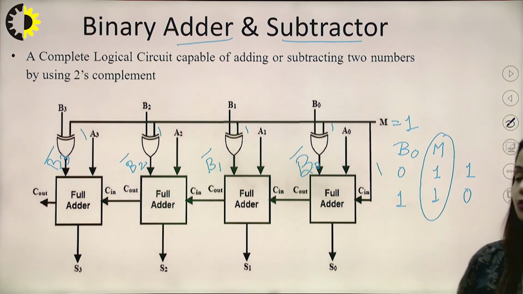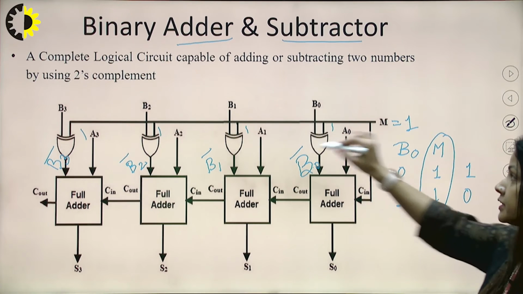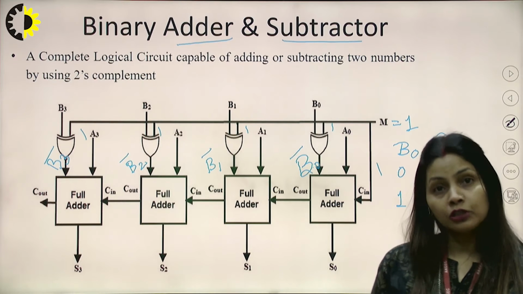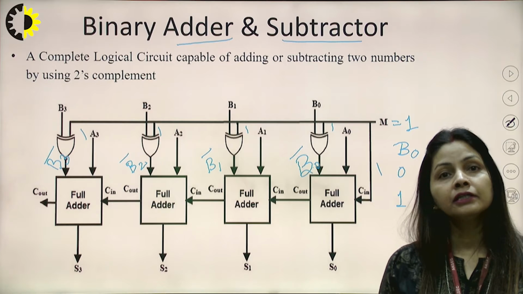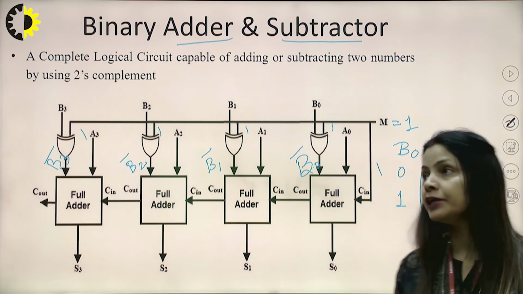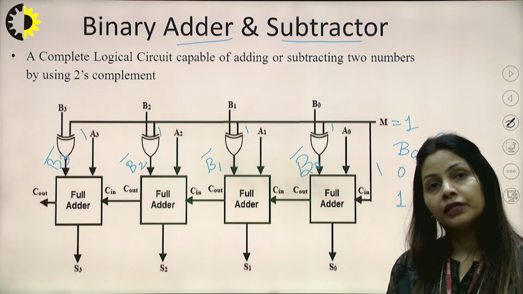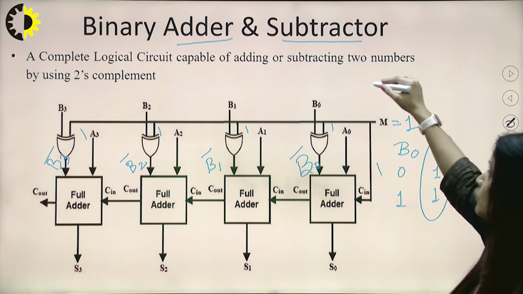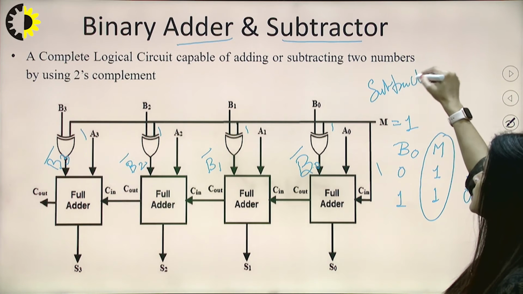Similarly here also, if M is equal to 1, then we are adding the 2's complement of B0. Taking the 2's complement and adding it to A0 is the same as doing the subtraction. So whenever M is equal to 1, it works as a subtractor.